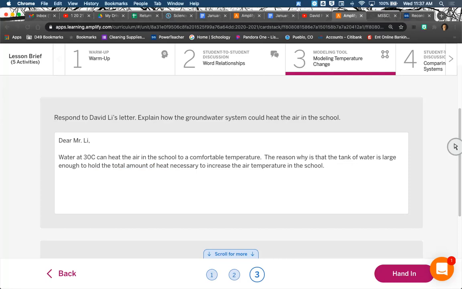Remember that in the paper model we just looked at, the air temperature was 1 and the water temperature was a 5.